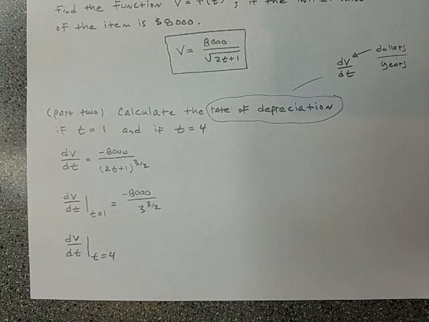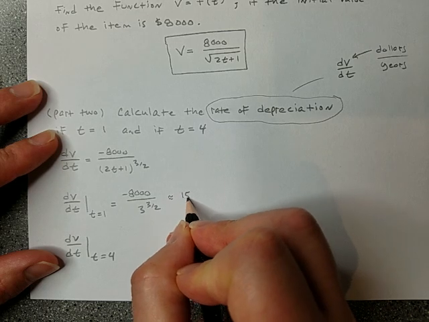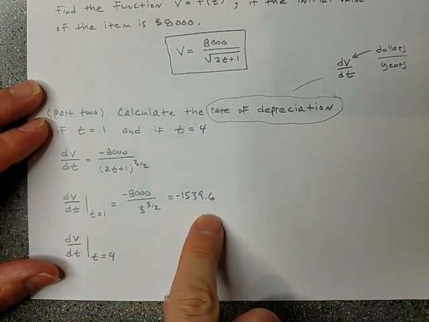So that turns out to be negative 8,000 divided by 3 to the 3/2, which is negative 1539.6. I'm going to have to do some rounding. And what are the units again?